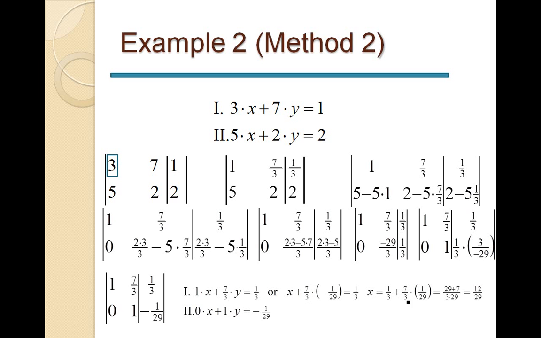Why do I do this? Because we have fractions, and the second fraction has 3 times 29 as its denominator, so we only have a 3 here. We have to multiply with 29 here and here, so we get 29 plus 7, which will give you 36 over 3 times 29, and the 3 is just canceling out, and you get 12 over 29, which is actually the same solution as we had before.